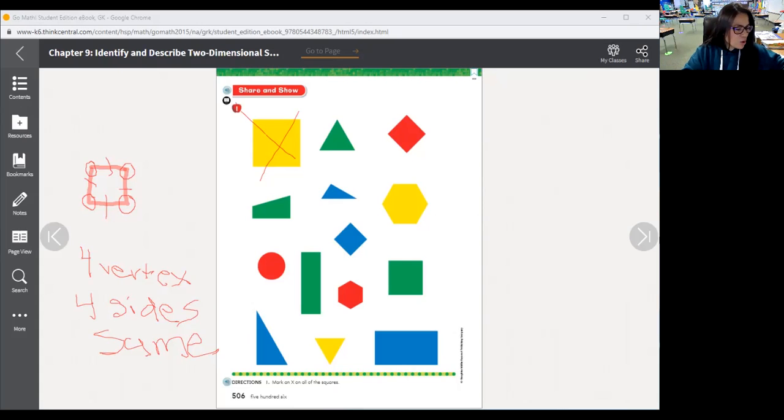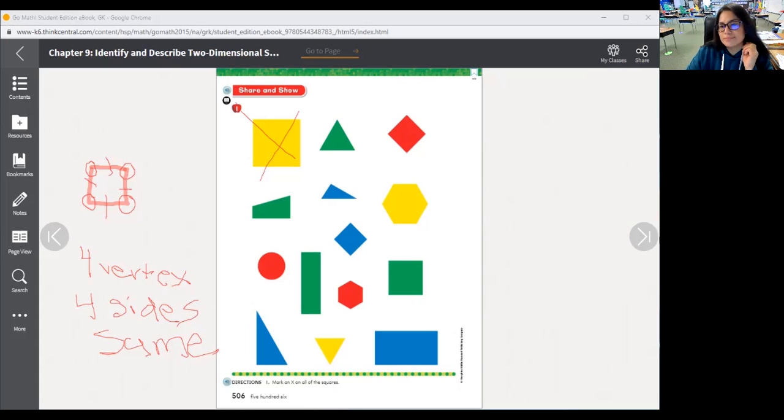How about the next one? The next one is Beth. The red one right here, this shape. Is it a square? Yes or no? Remember, everything that you know about a square. It's a diamond? Are you sure about that?